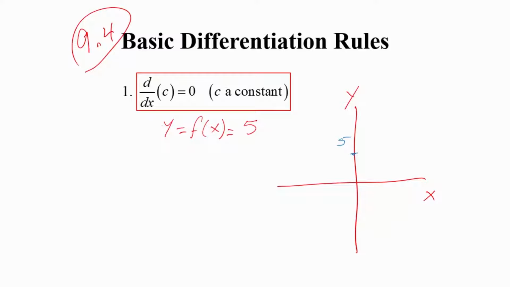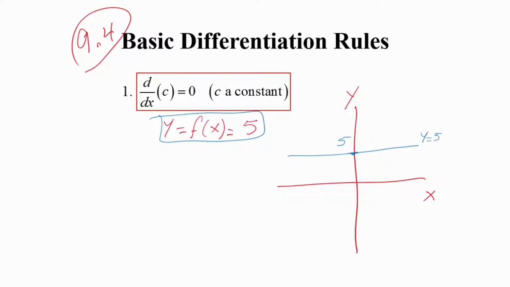Since there is no x here, no matter what the value of x, the value of y remains at 5. X being negative, positive, or 0, the value of y would remain at 5. So basically what you have is this: y equals 5, or f of x equal to 5, a constant.